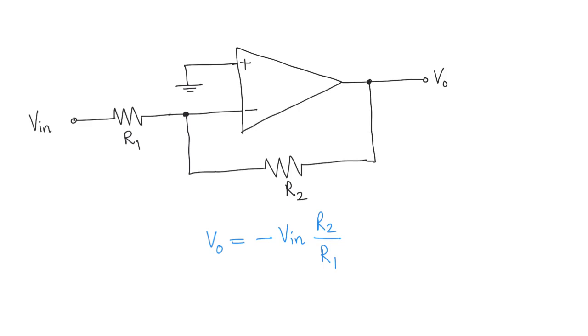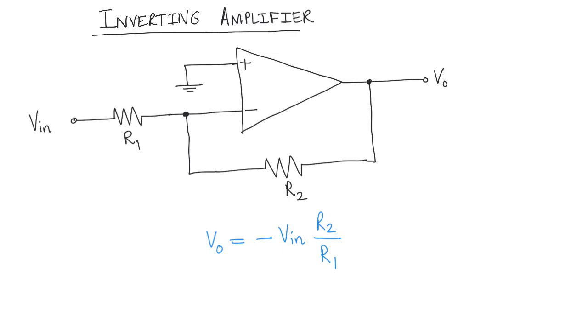And we call this multiplication with a constant value amplification in electronic terms. So this circuit is an amplifier. But while amplifying, it also gives us this negative sign at the beginning, and therefore we call this circuit an inverting amplifier, because it inverts the input and amplifies it.